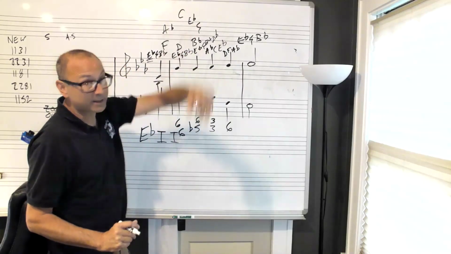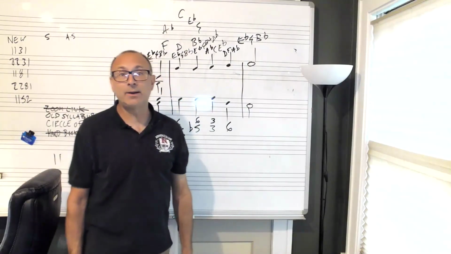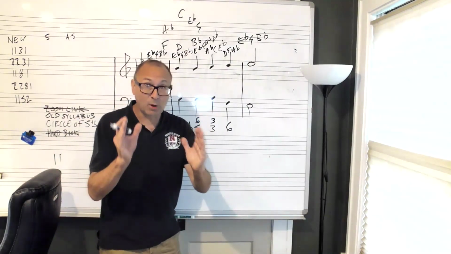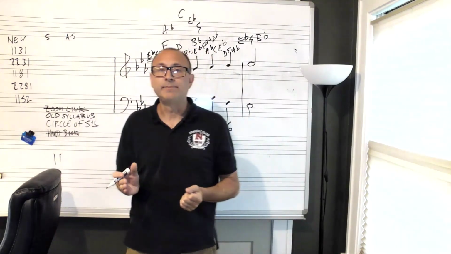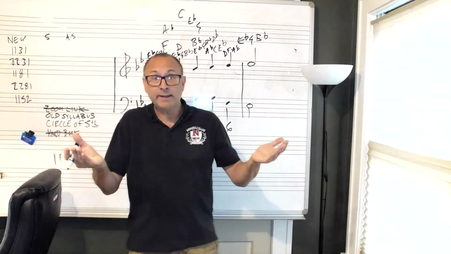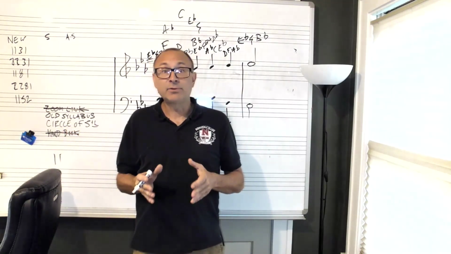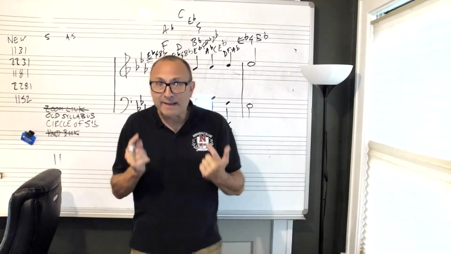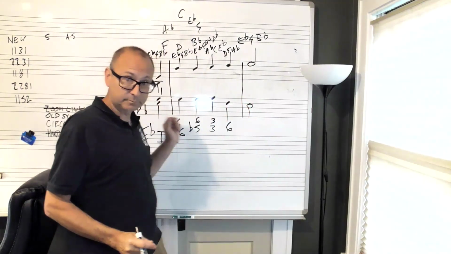Now, next, they're throwing at us a secondary dominant. Remember, the primary dominant is the dominant that belongs to the key. In this case, the dominant in the key of E flat is B flat. This is a dominant 7th chord in the way that it's spelled, but it's not the actual dominant of the key of E flat.